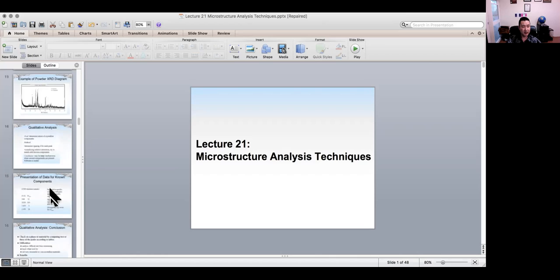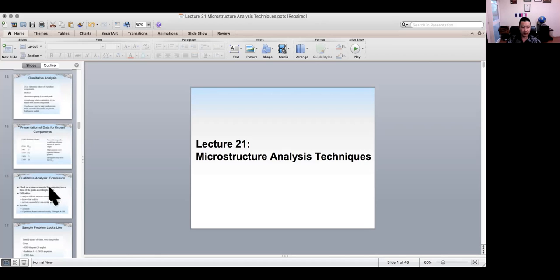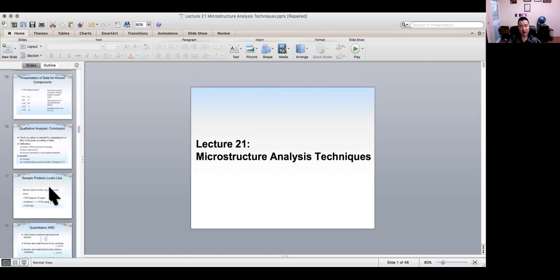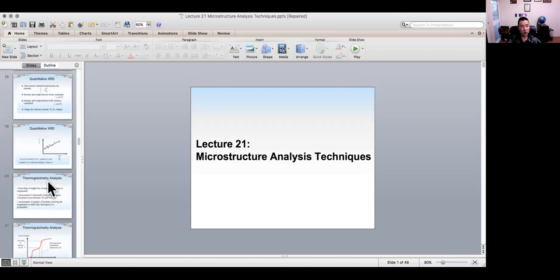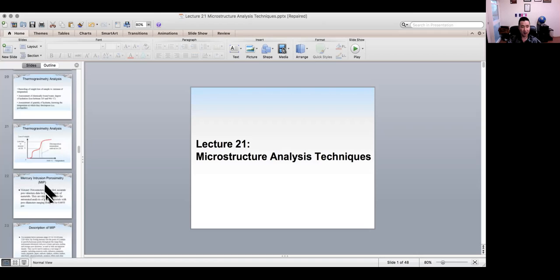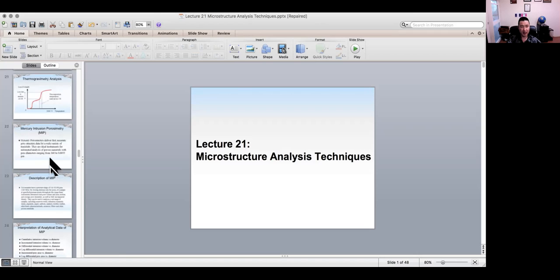Also, we discussed mercury intrusion porosimetry. We can use that method to study the pore size distribution, pore volume, and surface area. And the thermal gravimetry method, the TGA method. Sometimes we can also use that to tell what the phases are in the samples and even what percentage sometimes for these phases.